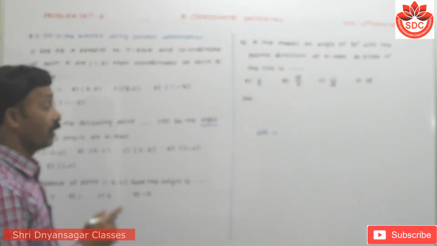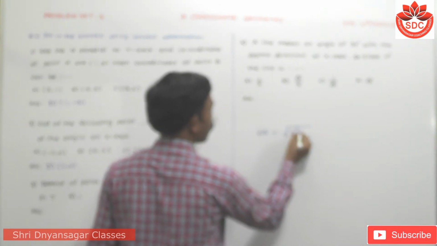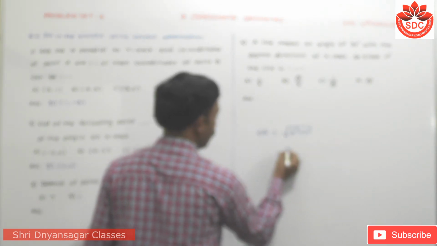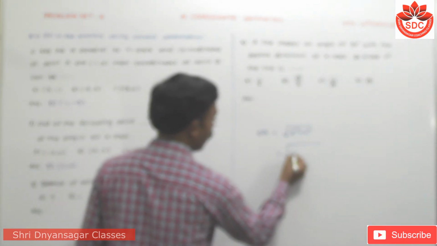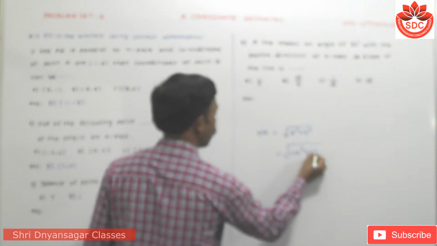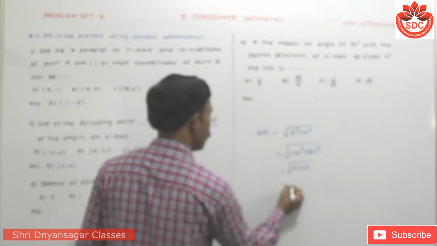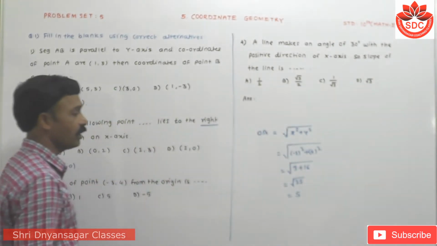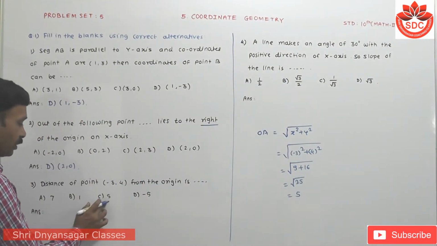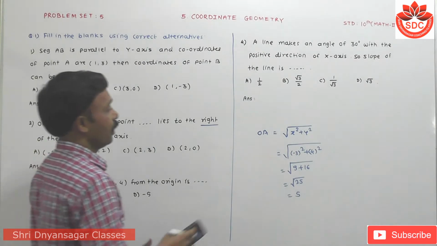We know the formula for the distance of any point from the origin is the square root of x squared plus y squared. Putting x as -3 and y as 4, we get (-3) squared plus 4 squared, which is 9 plus 16, which is 25. The square root of 25 is 5. So the answer is C, 5. Can you understand this?